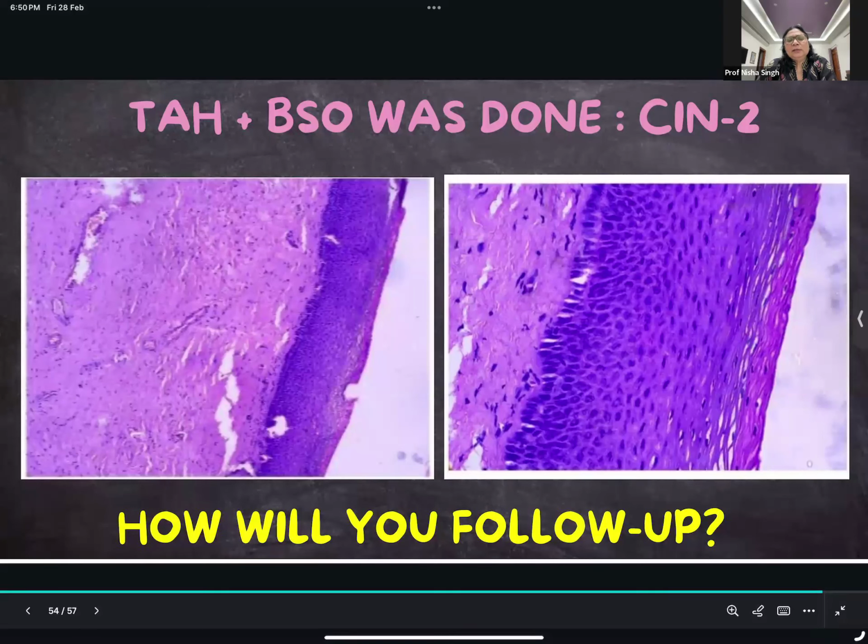Somebody had done this THBSO. You had written CIN2 only. Yes, ma'am, it was a microinvasive. That's why we had taken up this case. So that is what we were just discussing: to not miss an invasive one in such cases, we must first do a cone, and then depending upon the results, we should take the final decision.